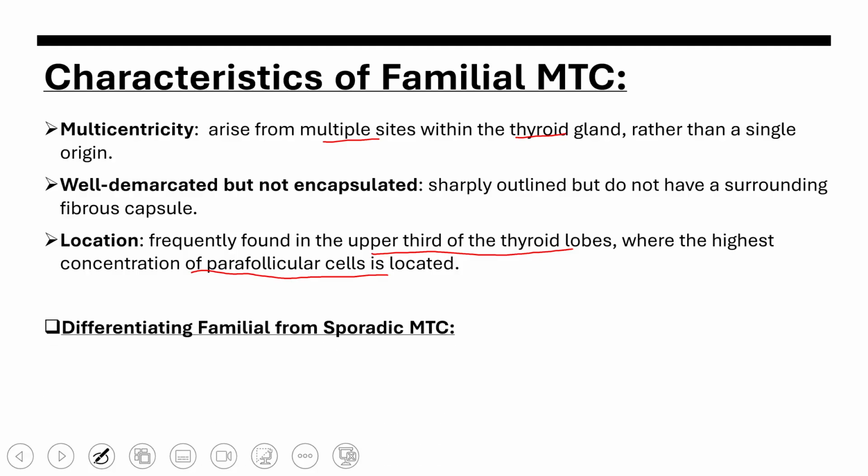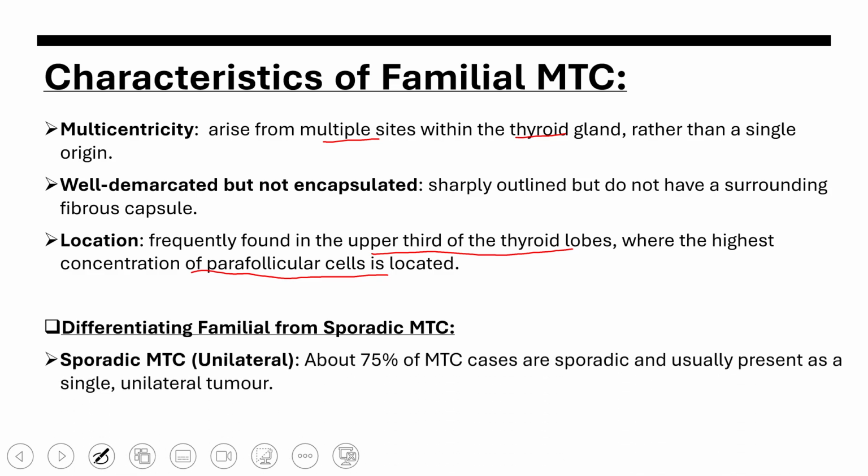It is essential to differentiate familial from sporadic medullary thyroid carcinoma. Sporadic cases are unilateral. About 75% of medullary thyroid carcinoma cases are sporadic, and they present as a single, unilateral tumor.